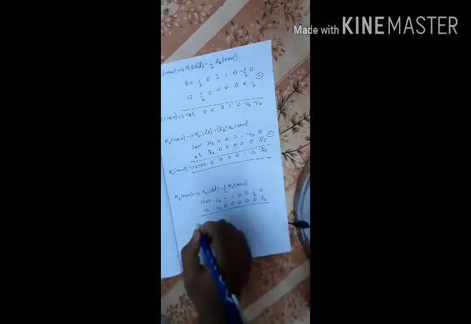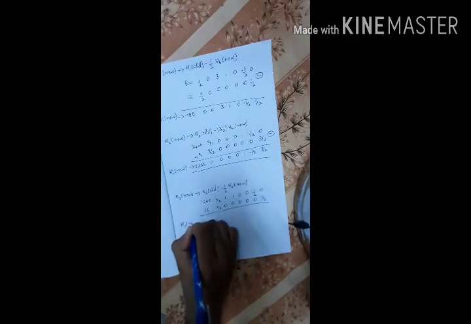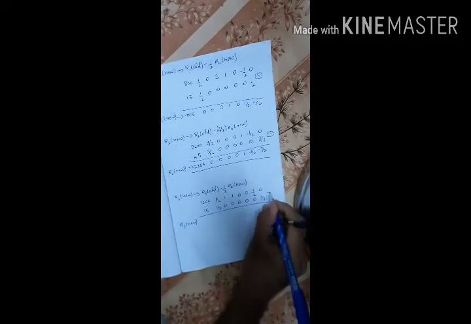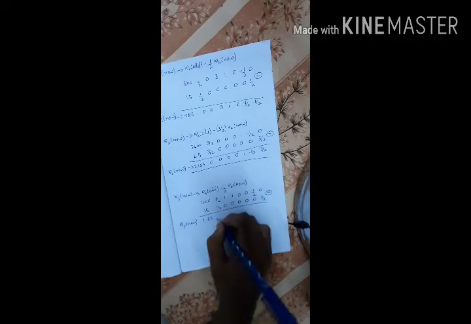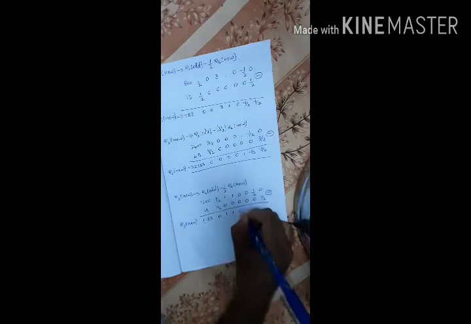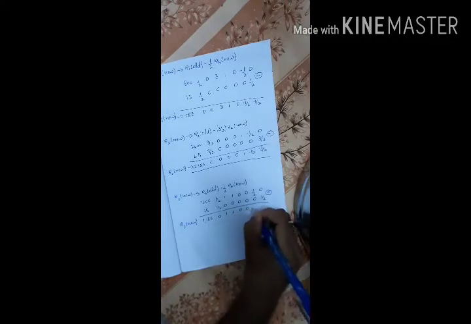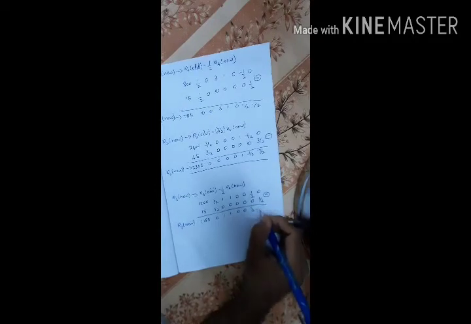So we get the new R3 new, subtracting this, so the value will become 1185, 0, 1, 1, 0, 0, 1 by 2, then negative 1 by 2 minus 0 is negative 1 by 2... 0 minus 1 by 2 is negative 1 by 2.